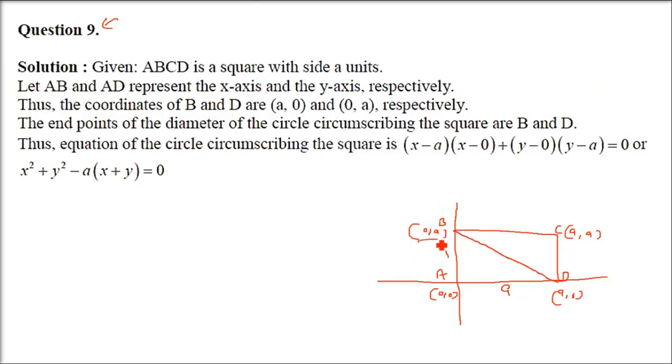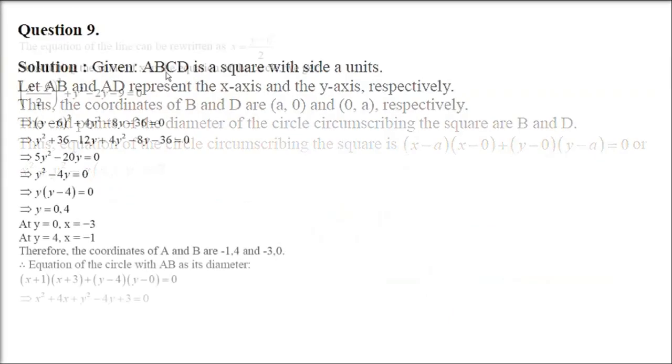Even if you take the other one, the same is going to come. I am taking this as x1, y1 and this as x2, y2. So x1, y1 is a comma 0 and x2, y2 is 0 comma a. Just put in here x minus x1 into x minus x2 plus y minus y1 into y minus y2. We have already found out x1, y1, x2, y2, and just put it in the equation, you will get this equation.